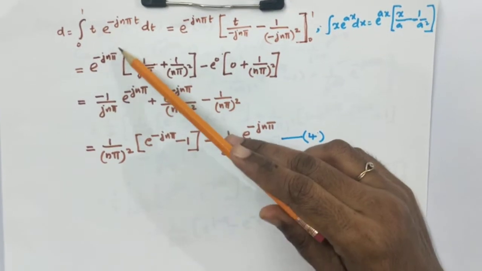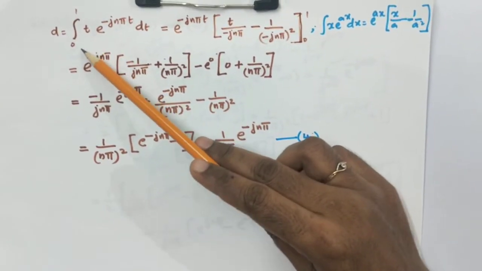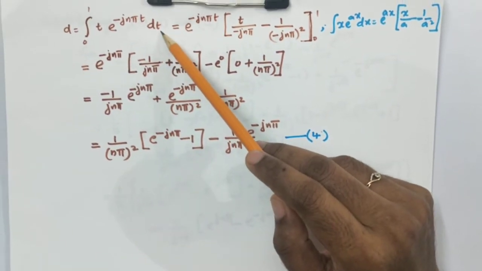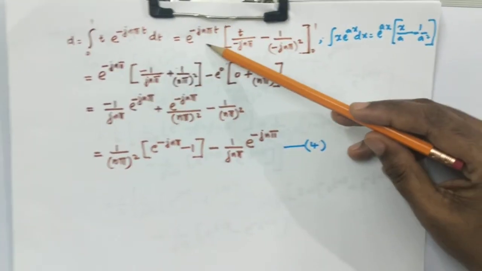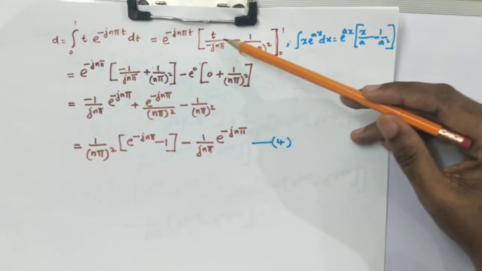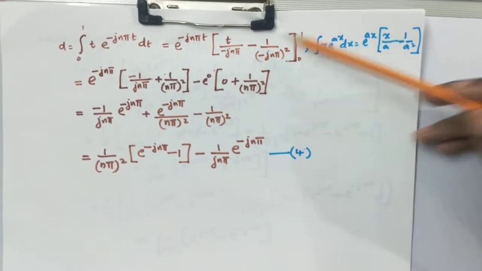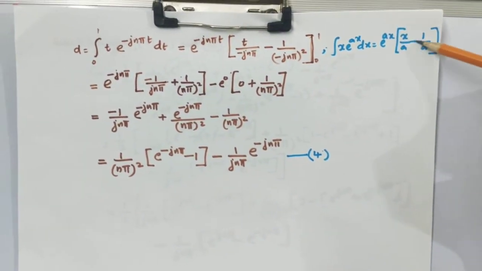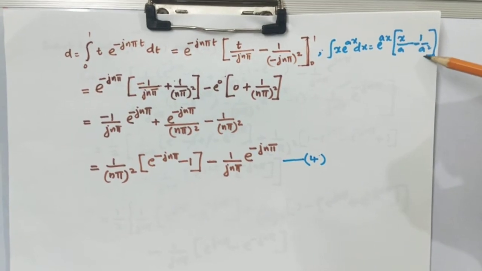Now D equal to integral 0 to 1 t e raised to minus j n pi t dt. So that is equal to e raised to minus j n pi t into t by minus j n pi. We are applying this relation: integral x e raised to ax dx equal to e raised to ax into x by a minus 1 by a square.